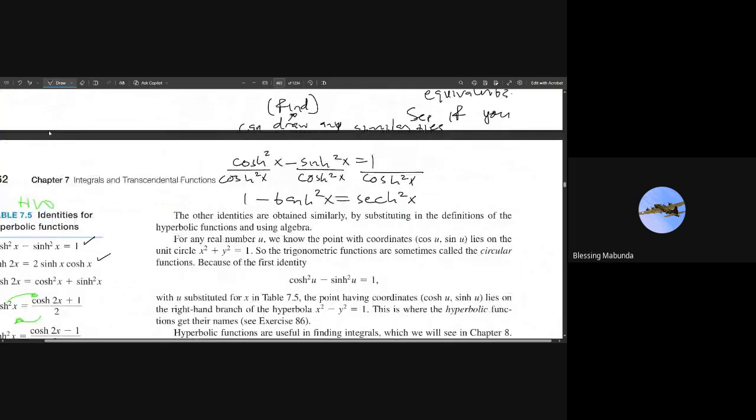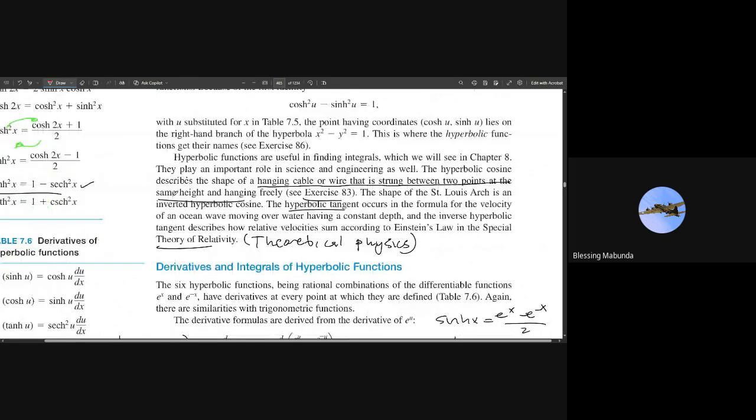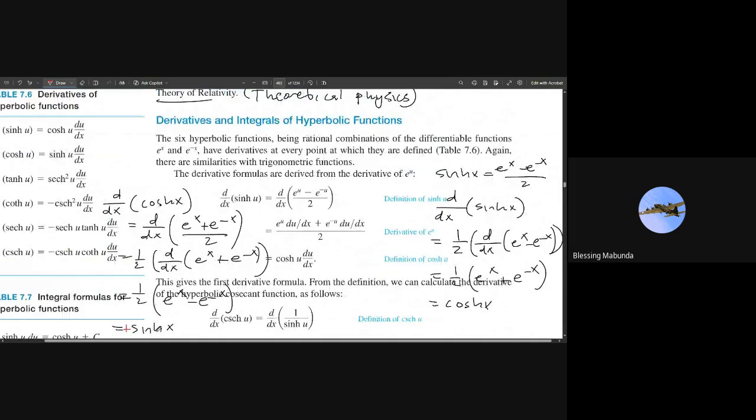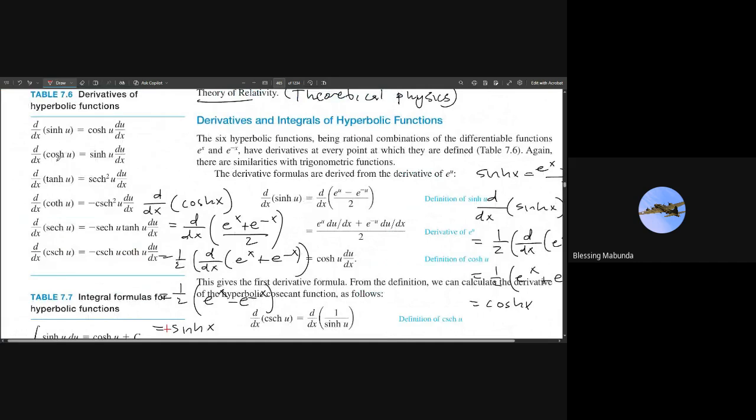What you established previously was that d dx of cos x gives you minus sin x, but here the signs are all positive. So d dx of sinh u gives you plus cosh u du dx, and it's plus here, no minus between these two. So keep that in mind. It's not like our trig functions for cos and sine in that manner.